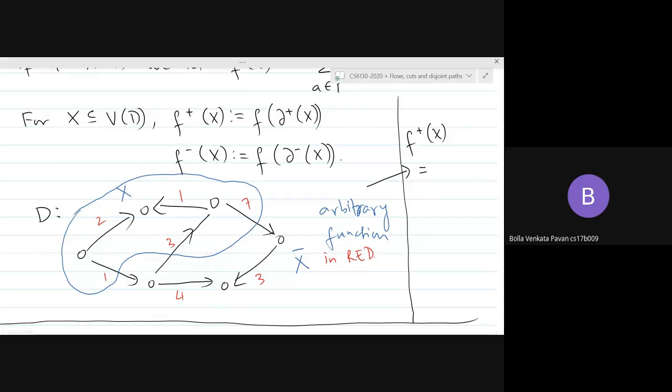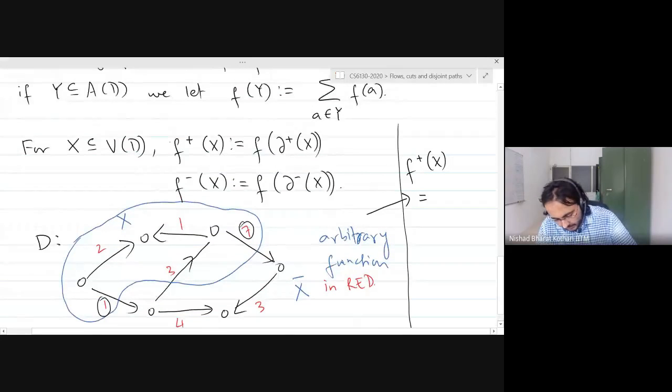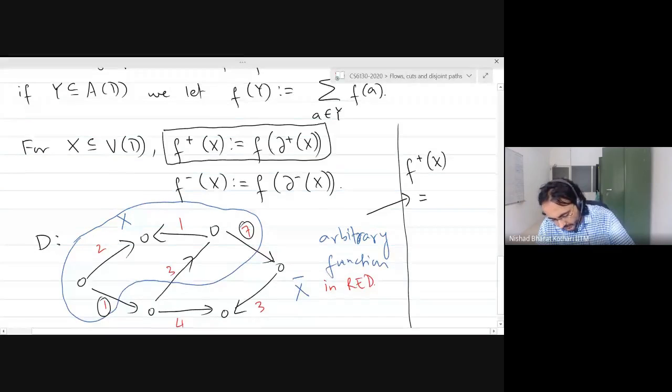8. Exactly. Because what you do is you look at all the arcs going out of x and take the sum on those arcs. So you get 1 and 7. Okay? So this is exactly this quantity. You look at all the arcs going out of x and you sum up the numbers on those arcs. That is f of partial plus x.